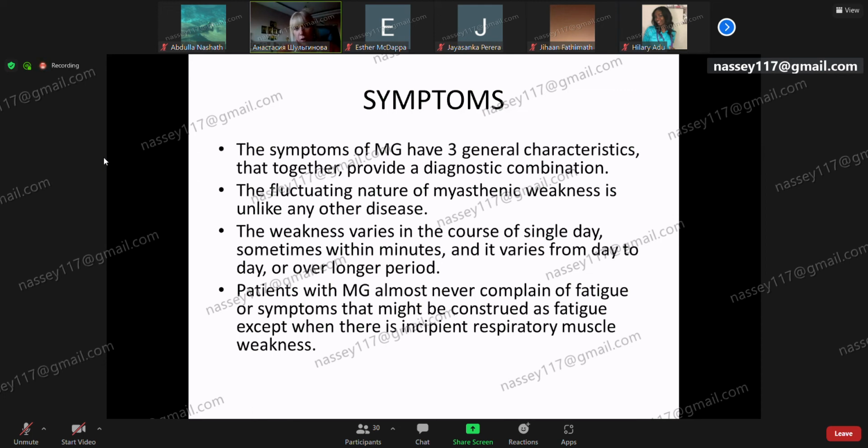The patient does something, signs appear, and after rest they disappear. Patients with myasthenia gravis also never complain of fatigue or symptoms that might be construed as insufficient respiratory muscle weakness.